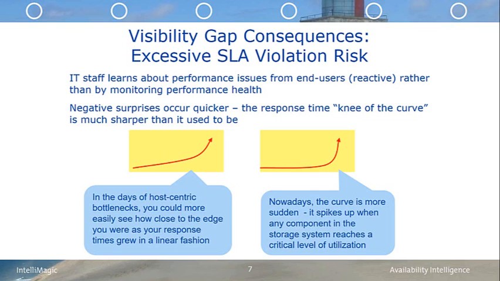So that's a reactive process of finding out about storage performance problems as opposed to a proactive process of monitoring the health of the hardware in an easy and automated fashion.